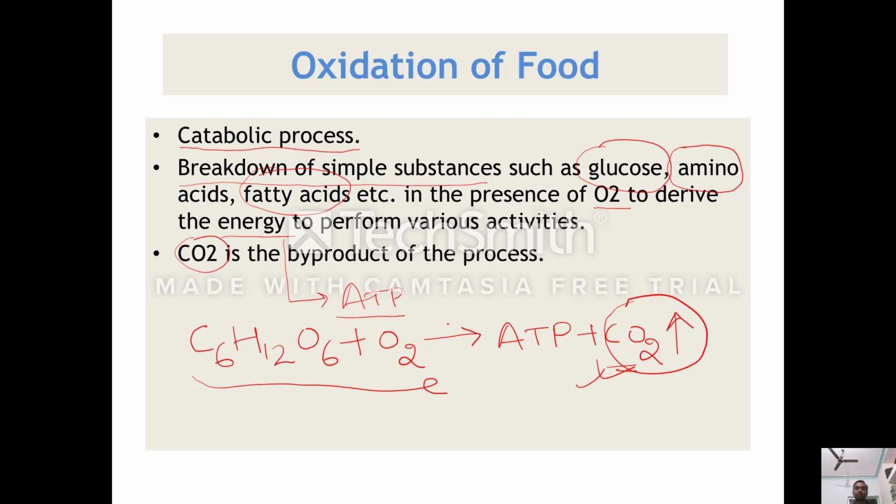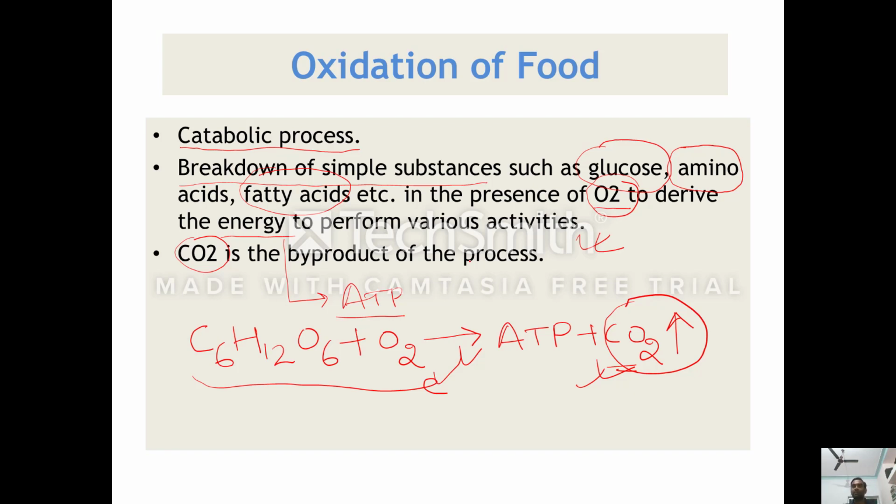Now we are talking about oxygen. Oxygen is utilized in the oxidation of food. So where do we get this oxygen? We get oxygen through inspiration. When we inhale air, oxygen gets into our body, and that oxygen is utilized during the oxidation process.